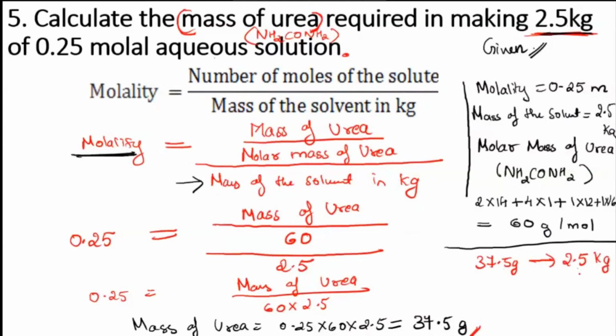But if you are taking 1 kg of the solvent, then how much will it be? Tell me now, how much is it? If you are taking 1 kg, then how much is it?